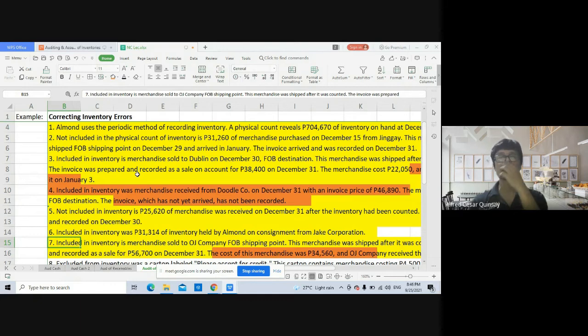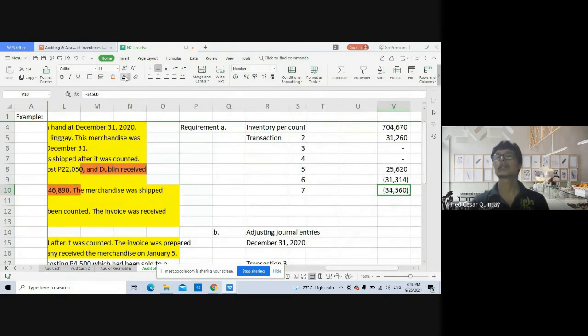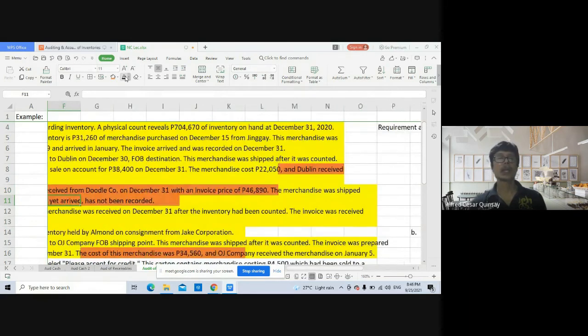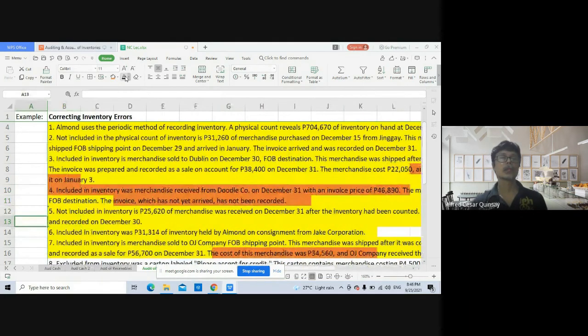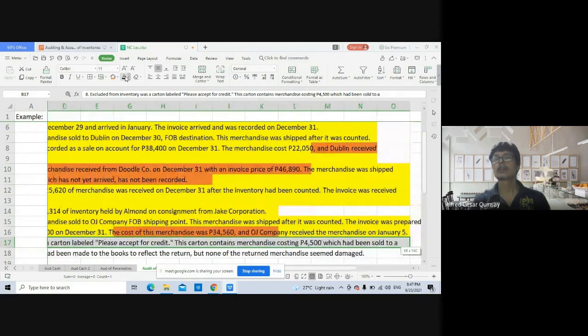So therefore, title passes to the buyer already as of that date. Okay, so this is number 7. So this would be less 34,560. Okay, and then still have one more. Number 8, excluded from inventory was a carton labeled "Please accept for credit." This carton contains merchandise costing 4,500.